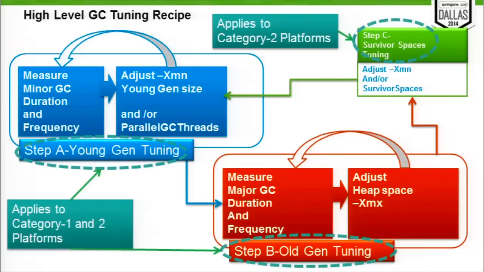But in category 2, in in-memory databases, remember you're dealing with like a 90 gig space. Survivor spaces could be up to 5, 10 gig, right? So survivor spaces is a significant amount of space. So then we actually do tune survivor spaces there to take away some memory.